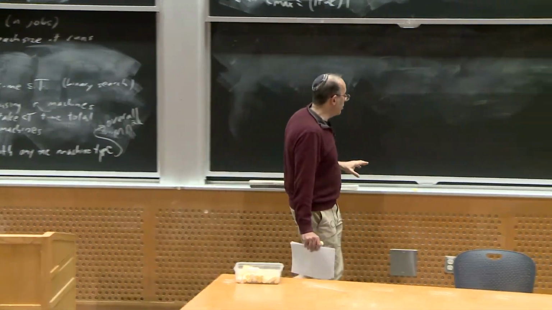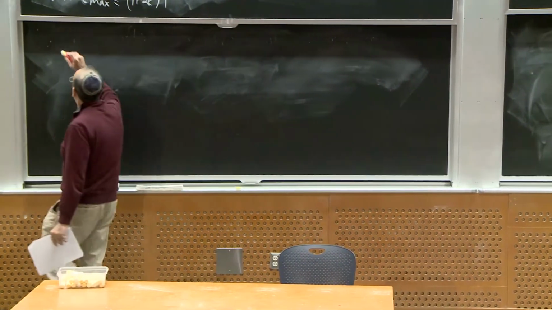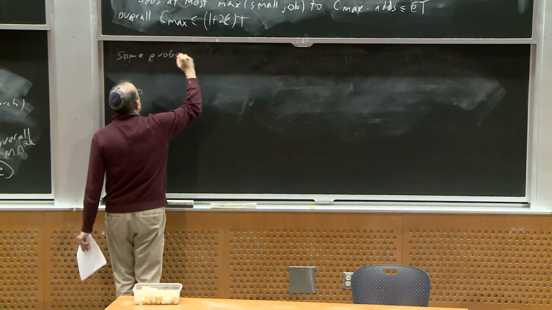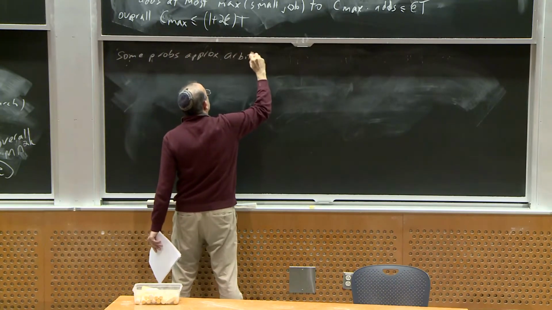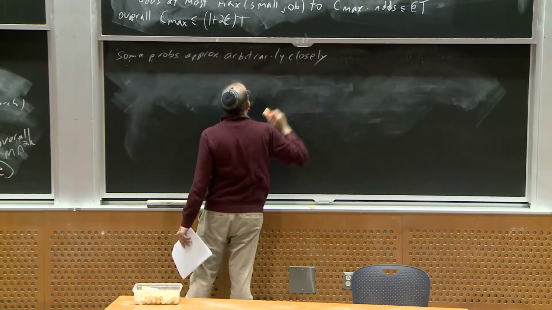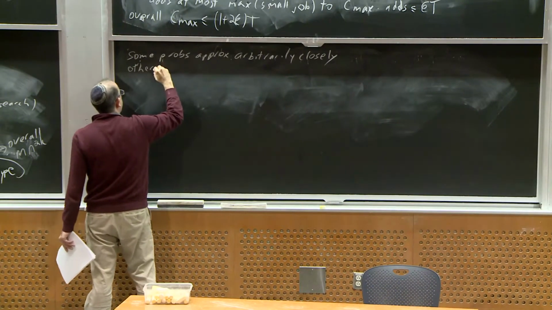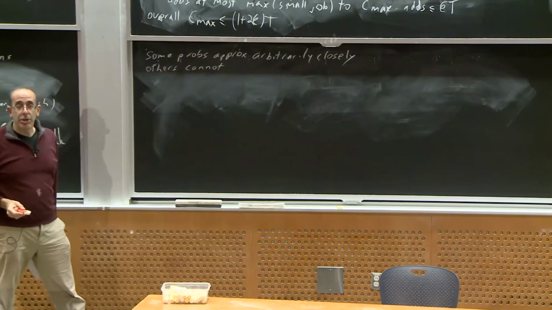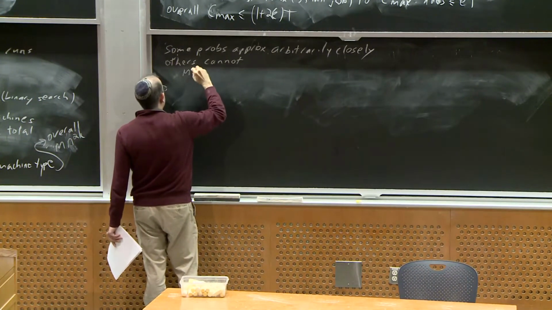Okay? So now back to, we've got some problems that can be approximated arbitrarily closely, like the ones we've just seen, and others cannot. The complexity theorists have developed a lot of machinery and have defined something known as max SNP hardness.